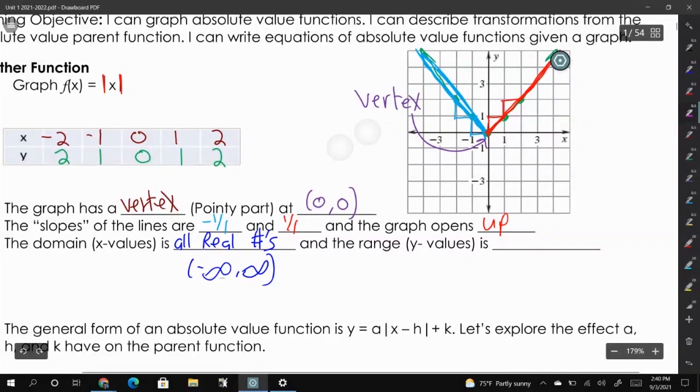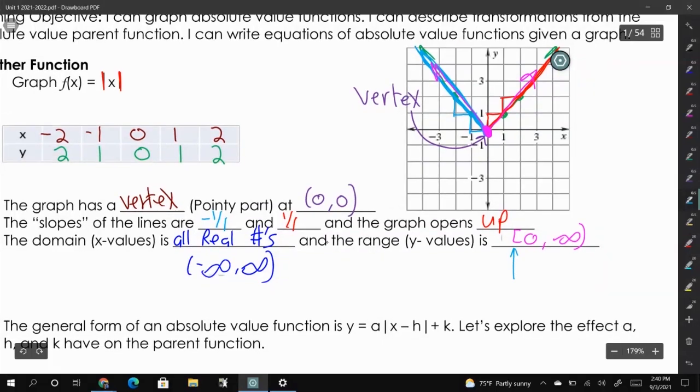The smallest y value we have is right here at y equals 0, because both sides of this function are going up. So the range is [0, infinity), and we use a bracket because 0 is included. We have a point at 0.